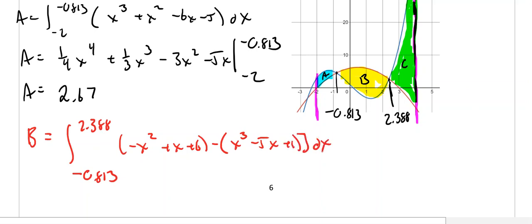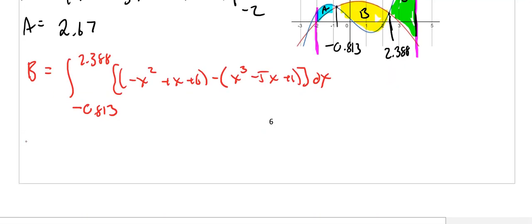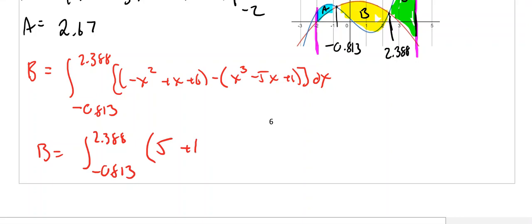So that then becomes the integral from -0.813 to 2.388. And that is going to end up becoming 5 when we simplify it, plus 6x minus x squared minus x cubed dx.